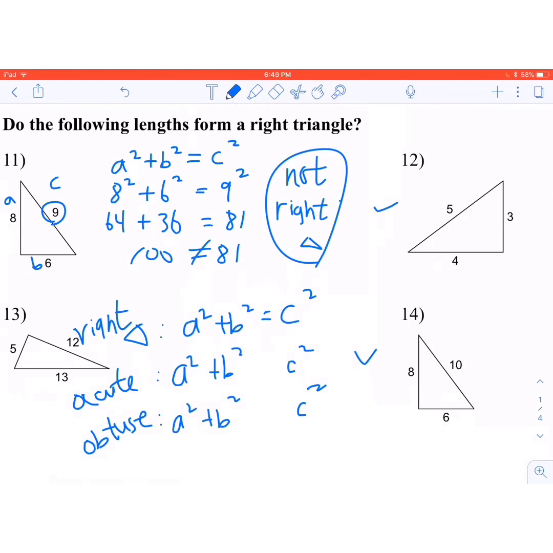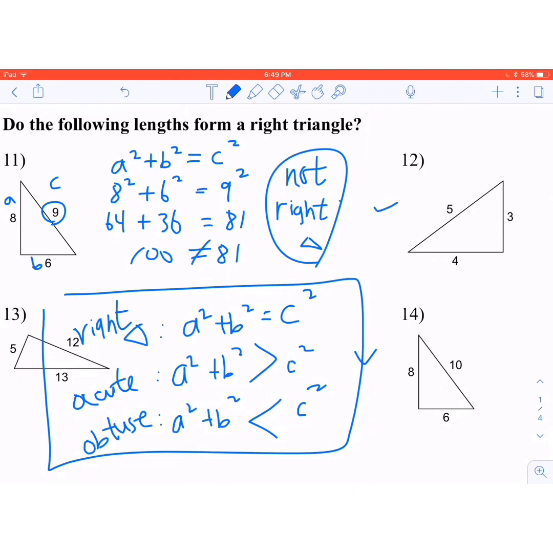So a squared plus b squared is less than c squared. In other words, for acute, a squared plus b squared is greater than c squared. The reason it's greater than c squared is because the c value gets smaller for acute. The reason a squared plus b squared is less than c squared is because the c value gets lengthened for an obtuse triangle. And this is how you check what type of triangle it is. And that is it.